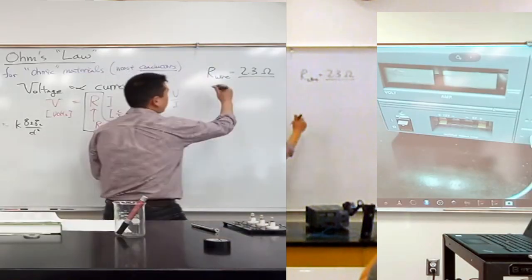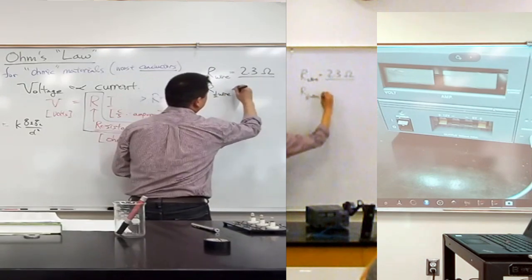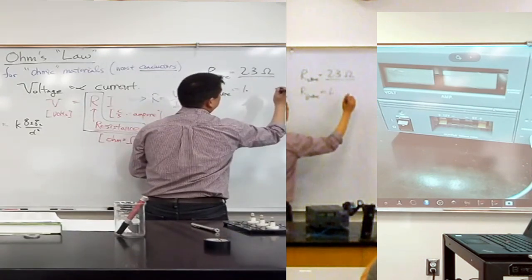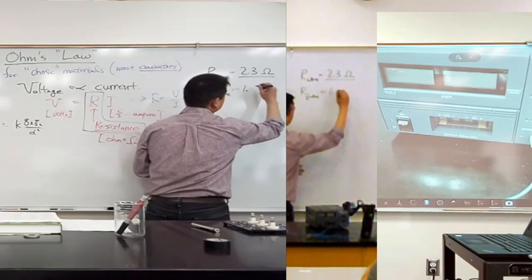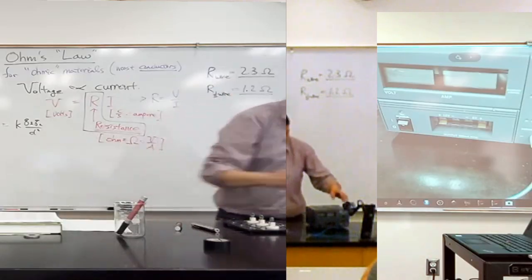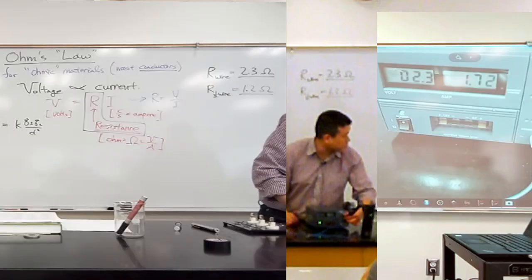So the resistance of half wire is supposed to be approximately half of this, 1.2 ohm, which means, let me actually do it this way. Having turned it on, let me reduce the voltage until the current goes down to 1.